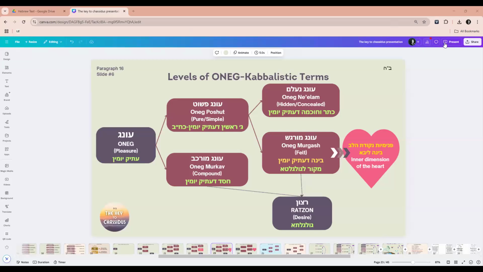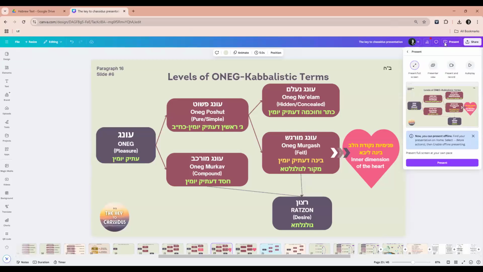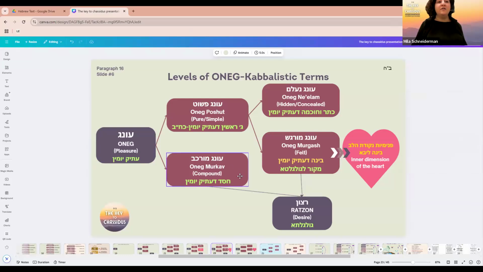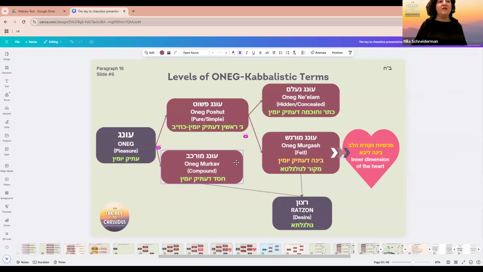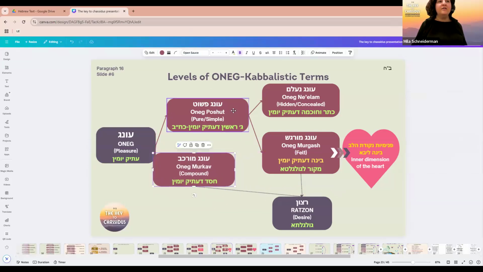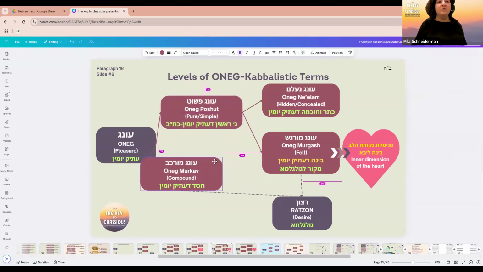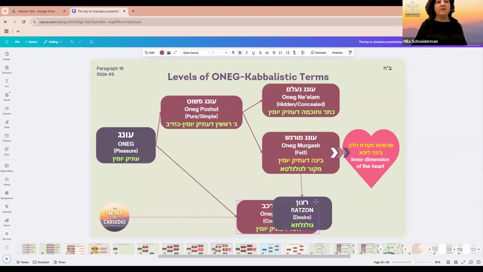But then we said it's Chesed Atik Yomin, enclosed in the skull. If you look at the screen, it is Oneg Murkav, but it's not just freestanding oneg. This is freestanding oneg. This one is enclosed in this ratzon. You see what happens?